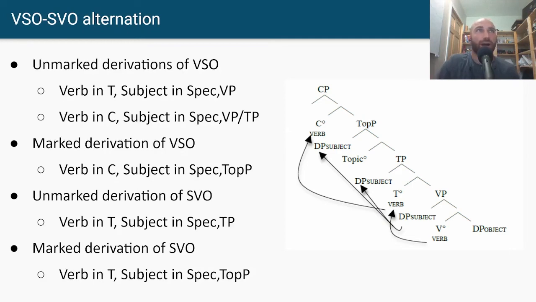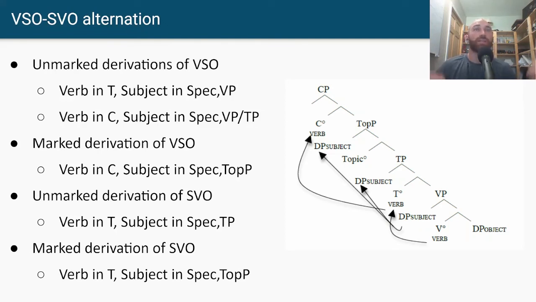And so actually, Kirk's discussion of where the subject and object are in the clause allows us to see that there are multiple derivations of unmarked and marked VSO and SVO. She actually doesn't talk about unmarked and marked VSO clauses. She says they're difficult to categorize.